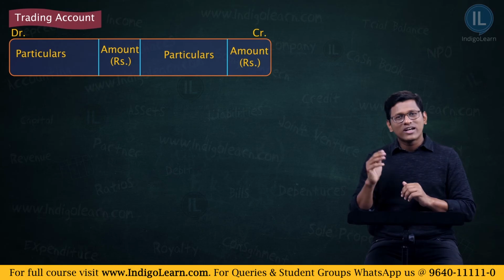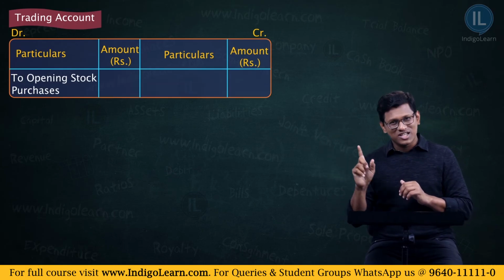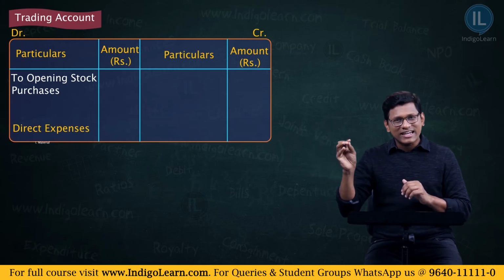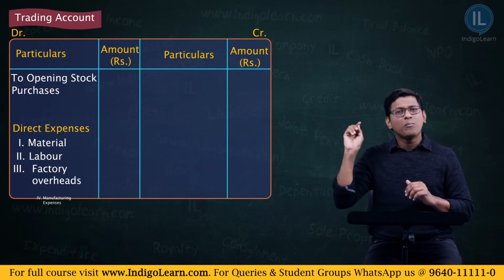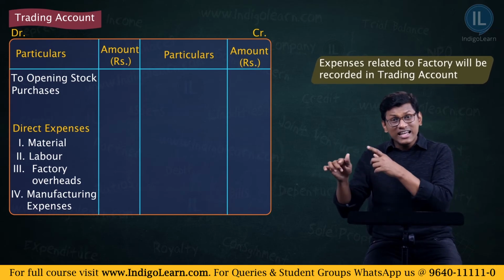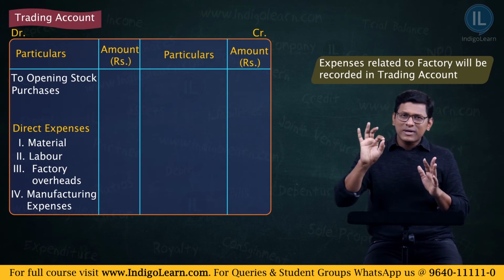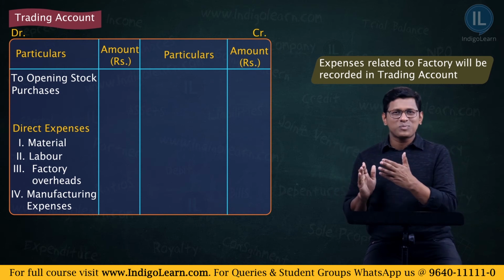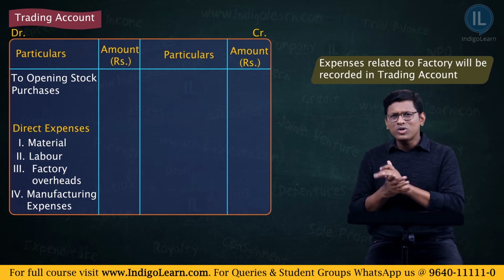So, here on debit side, you will have opening stock, then purchases, then all the direct expenses like direct material, direct labor, factory overheads, manufacturing expenses, or all the expenses which are incurred in the factory. Just remember this point. Expenses which are relating to factory will come into trading account. Okay. So, all the expenses which are for the purpose of manufacturing, etc., will come into trading account.